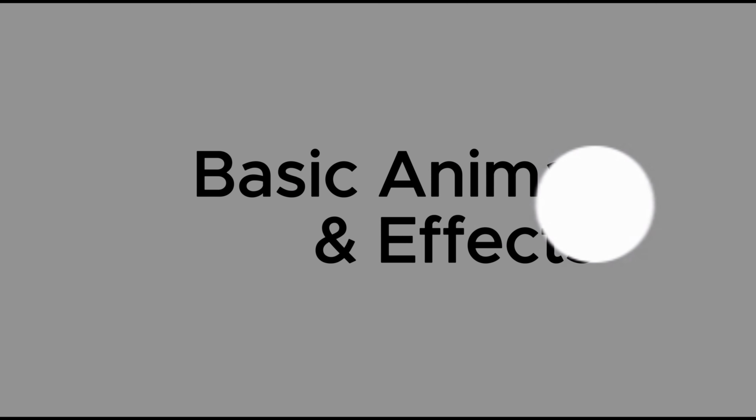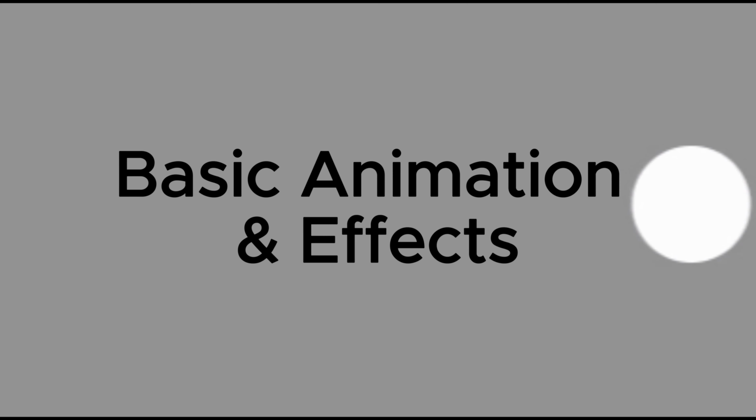Now, the next thing we are going to do is add simple or basic animation and effects to our video. If I hold down this clip and come up here to the editing section, you can click on animation.